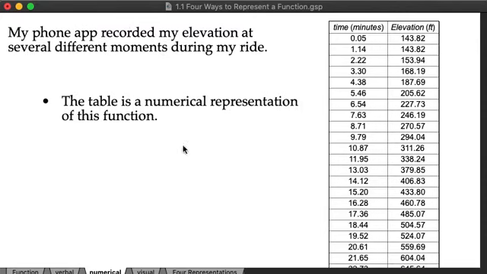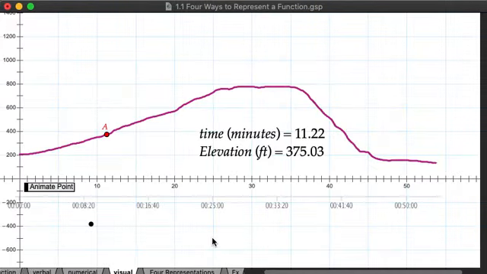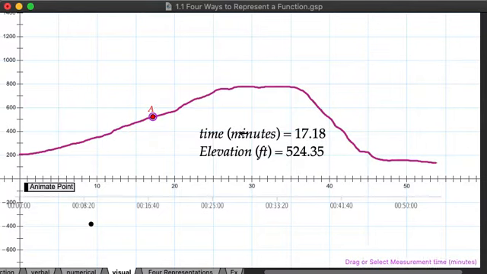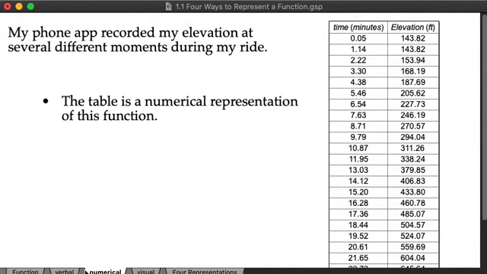Here I have a numerical description of the function. And then of course I can take these numbers and turn them into a visual description of my function, aka a graph. And that graph is really a whole picture of what we saw in the numerical representation.